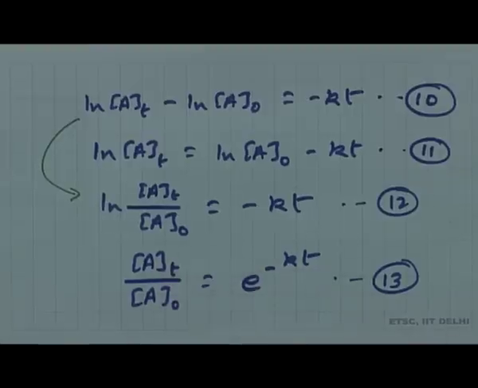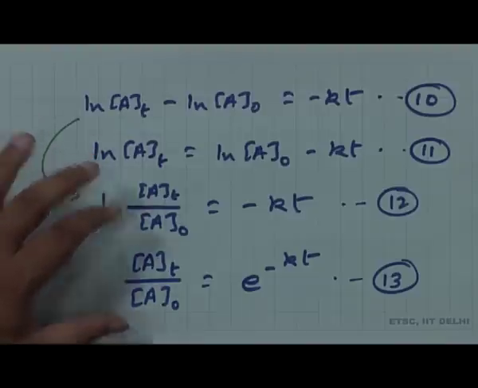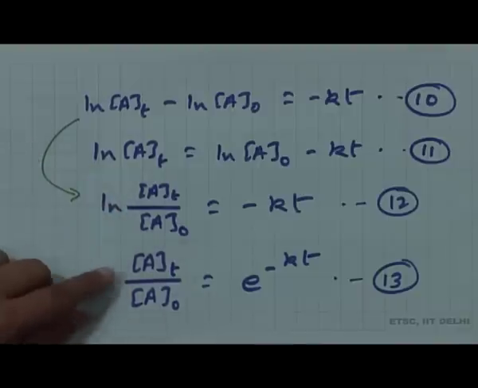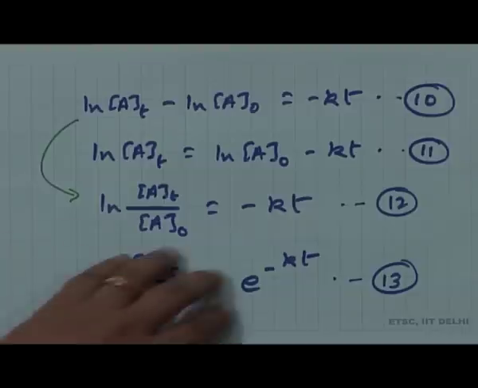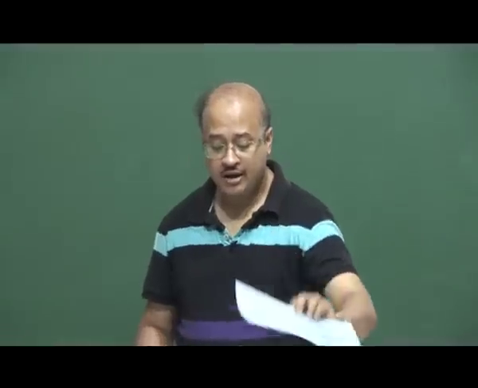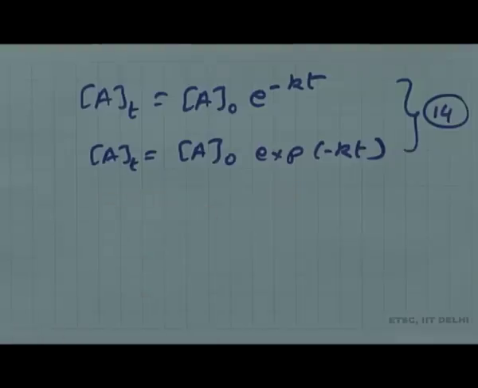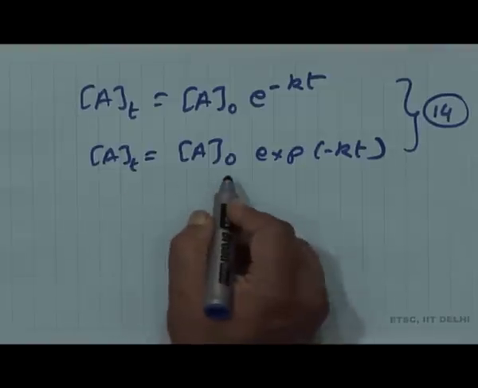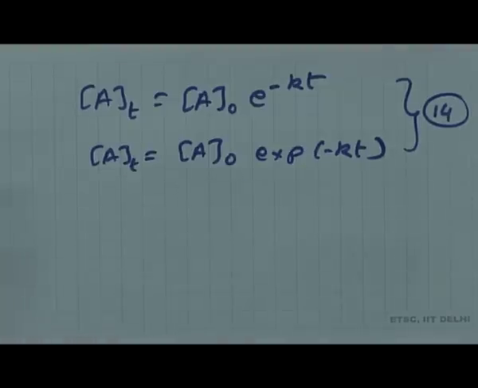What this tells us is that the expression can now be rewritten as concentration of A of t over concentration of A naught is equal to e to the power minus K t, from where I get this expression, where A of t is equal to A naught e to the power minus K t, or A of t is equal to A naught exponential minus K t. What does this mean?